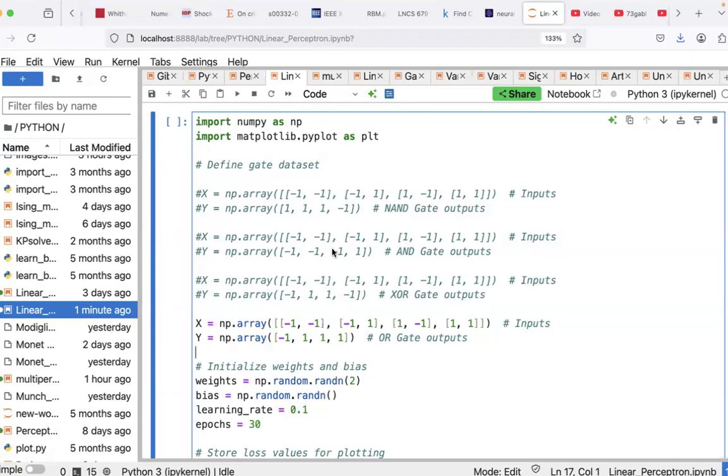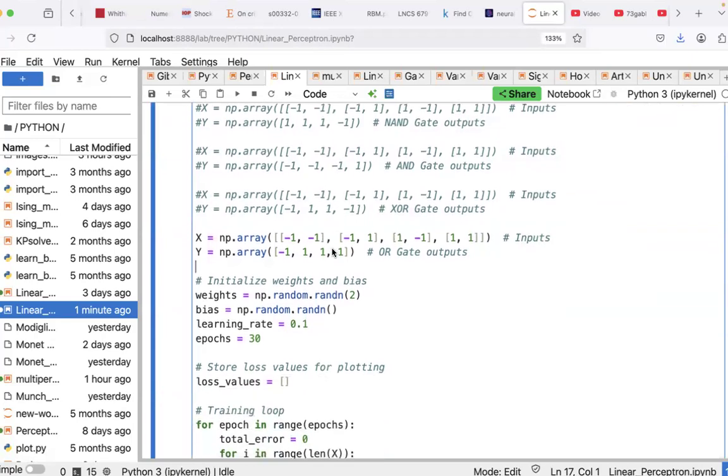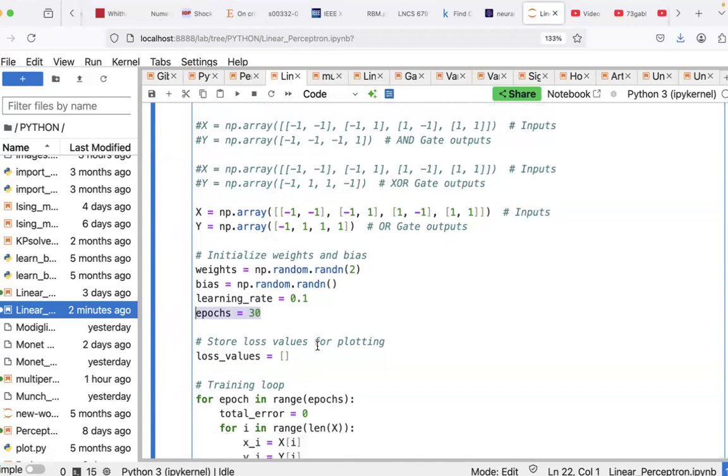As you know, in order to train the linear perceptron, we need to estimate weights, which in this case are two values, W1 and W2, and a bias, which is basically a scalar. This will be done in the training algorithm. We define the learning rate, and the number of iterations or epochs that we want to do in order to attain convergence.